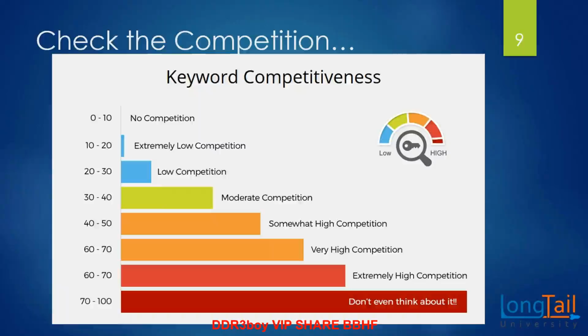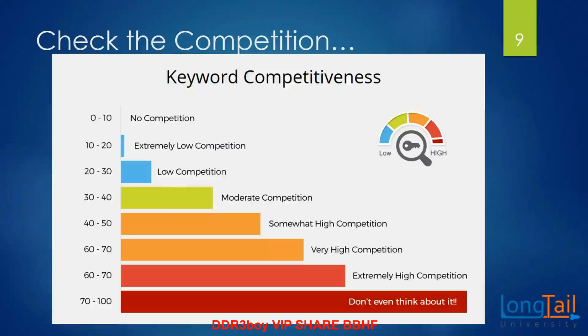A keyword that has a 33 or 34, I may target it or I may not. It kind of depends, and that's where you start to get into the range that needs more in-depth research. Once you get beyond 40, it's, as I call it here, either somewhat high competition, very high, or don't even think about it at that point.